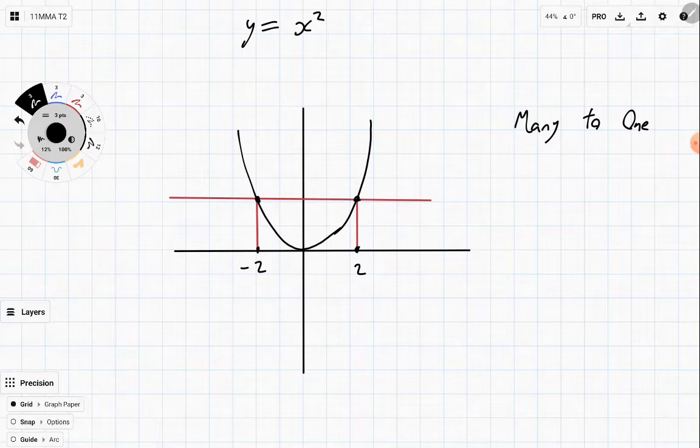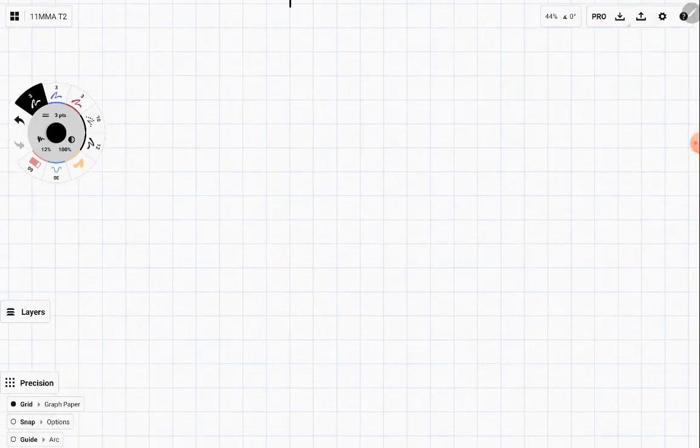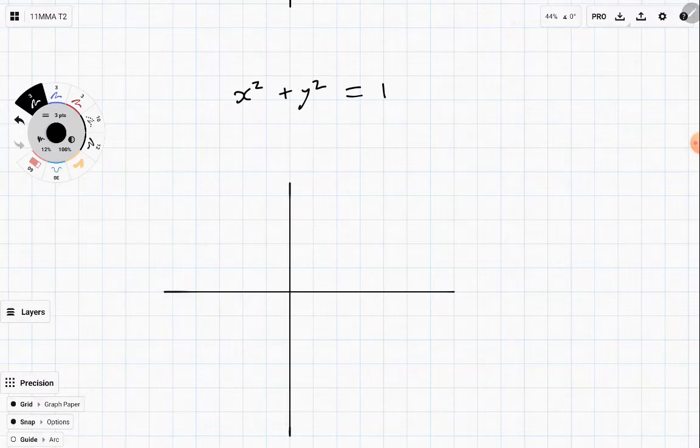Okay, so that's a many to one relationship. And I'll show you just one more for fun, which is the circle relation. Now I'm telling you already it's a relation, but it's an interesting one. If you put this into Desmos, you'll see that the picture that you get is a perfect circle with a radius of 1.